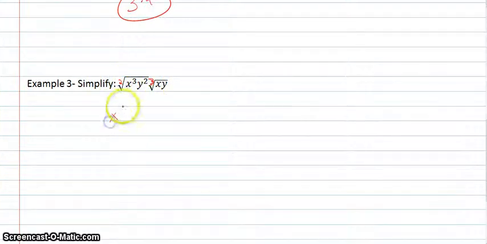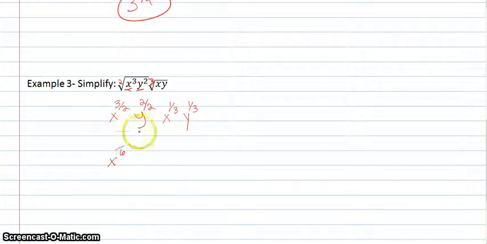So I would have x to the 3 over 2 for this, and then I'd have y to the 2 over 2, and then for the next one I'd have x to the 1 over 3, and y to the 1 over 3. And then I'm going to add their exponents, so I'll have to find a common denominator, and that would be 6. So I have x, and that would be 6, and then I would have to multiply both of those by 3, so 9 over 6, and then y.